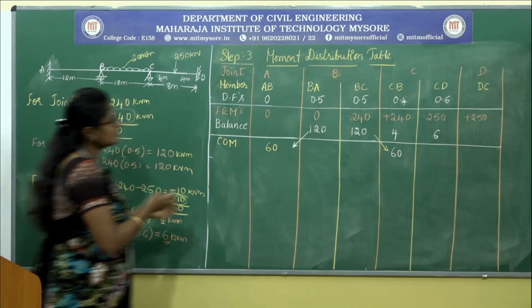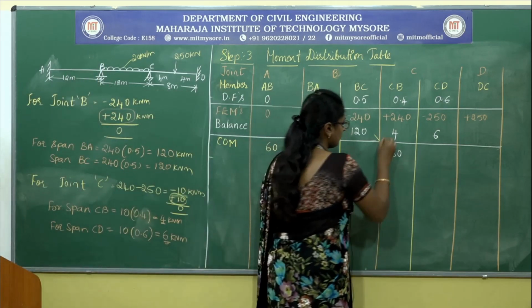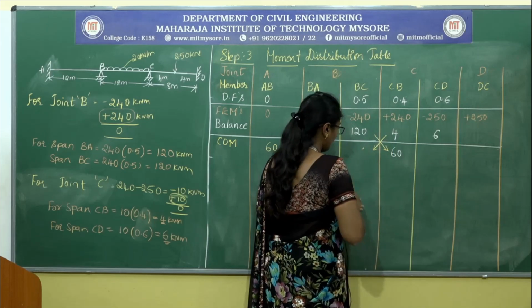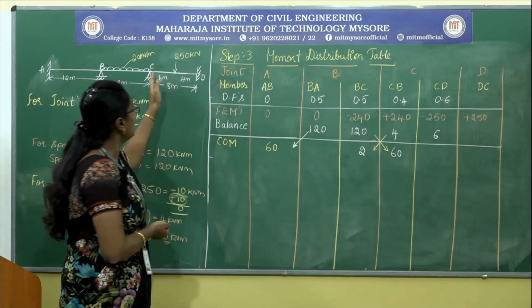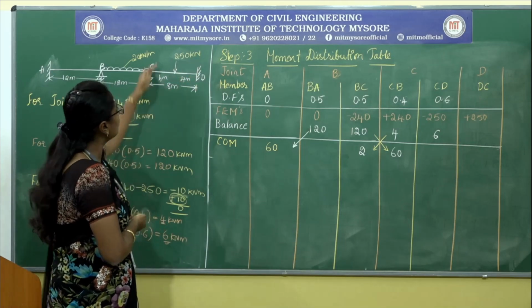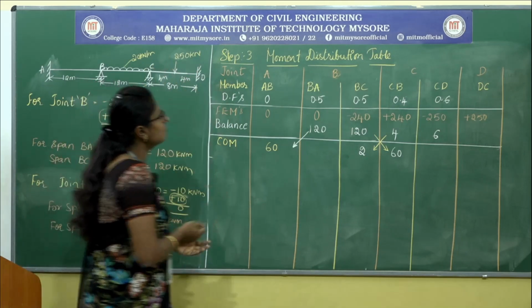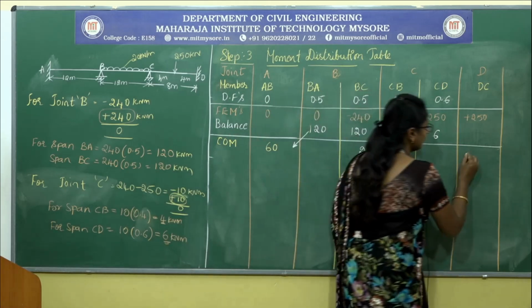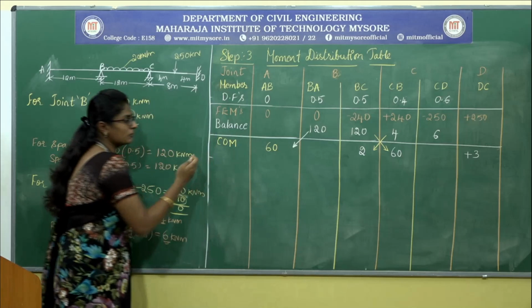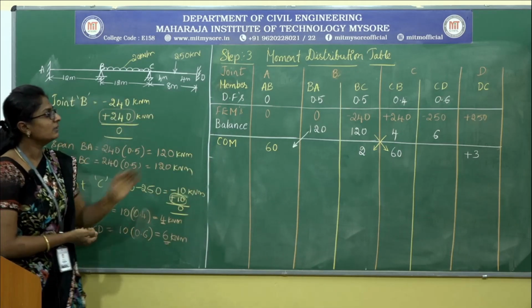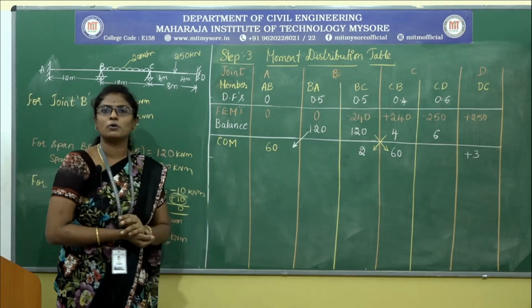So, half of 4 is 2. Then for span CD, we have the far end as fixed, the applied moment is plus 6. So, the transferred moment will be plus 3. After this we have to continue the procedure until we get the values in terms of 0.0.